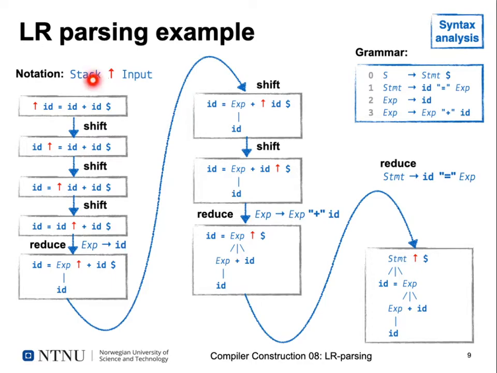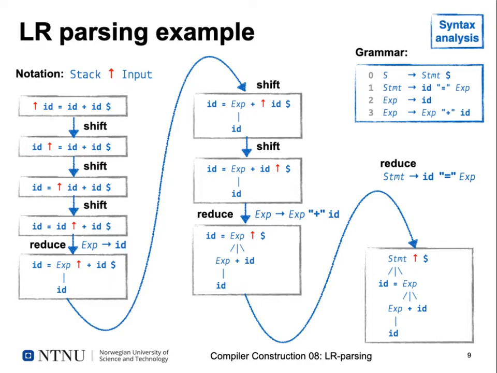So we have our stack that we have read or constructed so far. Then we have this red arrow indicating the current position in our input stream. And we have the rest of the input on the right-hand side. So when we start parsing this input string, ID equals ID plus ID and the end of the input, of course we start before the first input token.